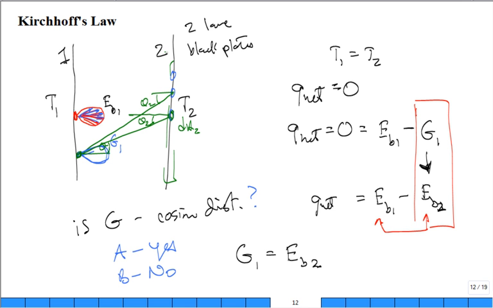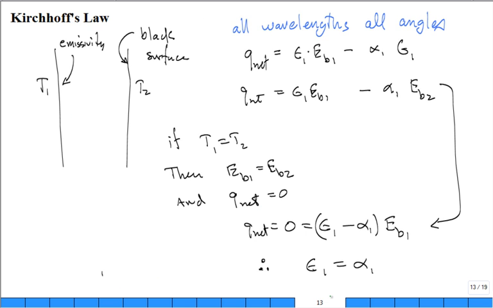It's going to be cosine distributed irradiation, G, on the surface 1. Did that help? Well, now I'm going to build up, because Kirchhoff's law now considers something about this being not black. 1 is now not black. All right. Well, I thought I would just show it to you.